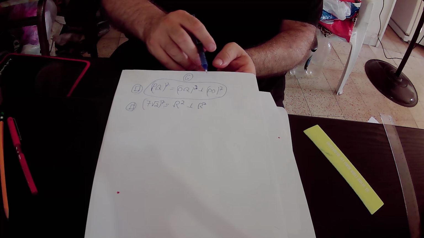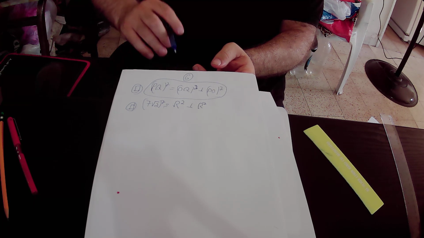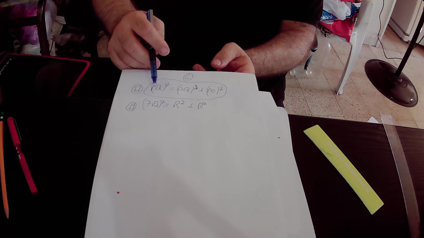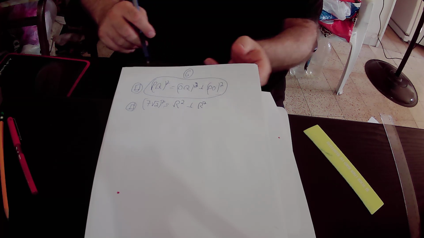R square plus R square equals 2 times R square, and 7 times root 2 square equals 49 times 2, because 7 square is 49 and root 2 square equals 2.